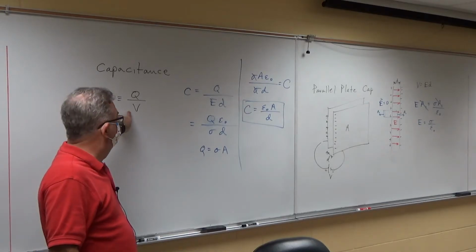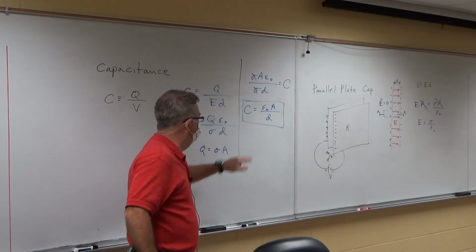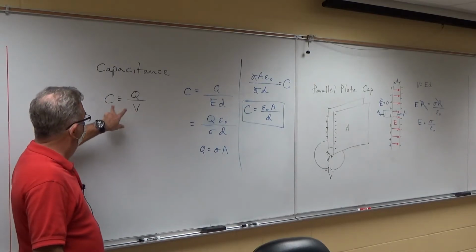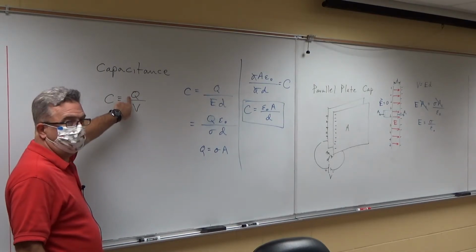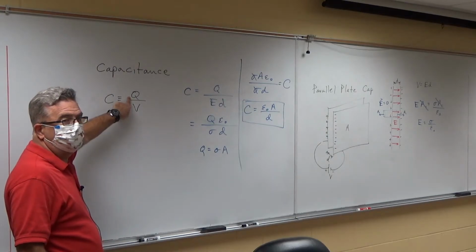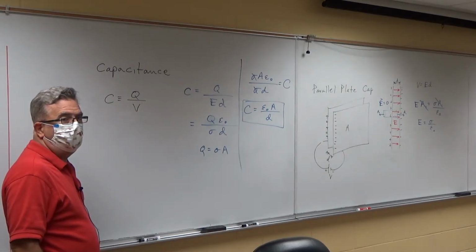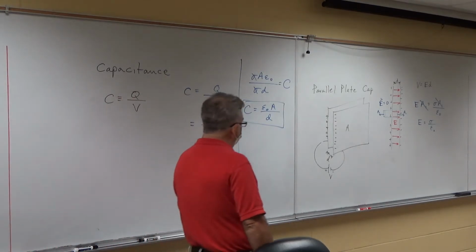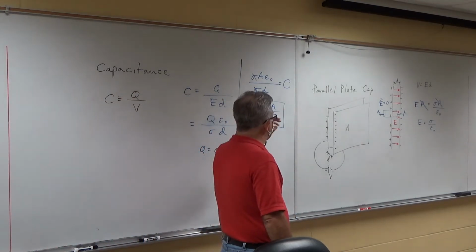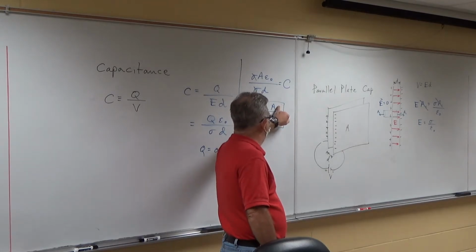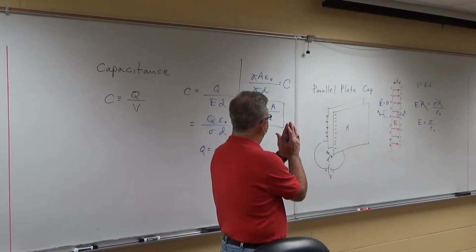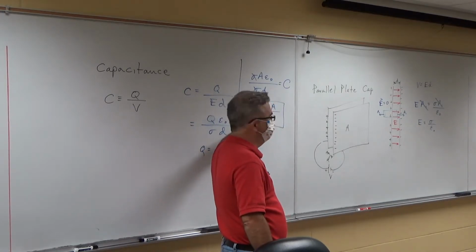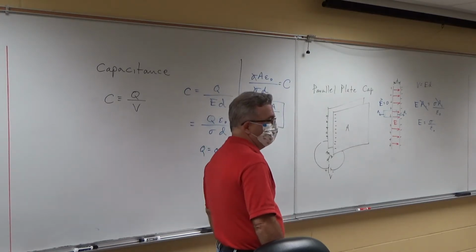If I know the capacitance and I have a particular amount of voltage, you multiply and you get the amount of charge stored on the cap. Okay? So like I mentioned earlier, the capacitance is a function of the area, the separation distance, and of course you have epsilon naught in there to make this work out in farads.